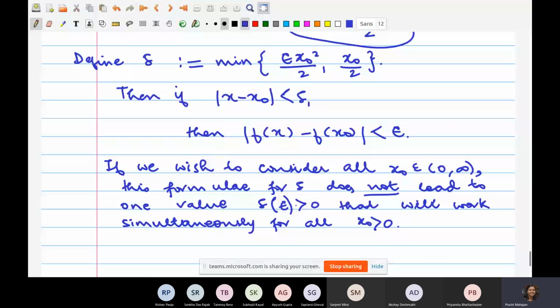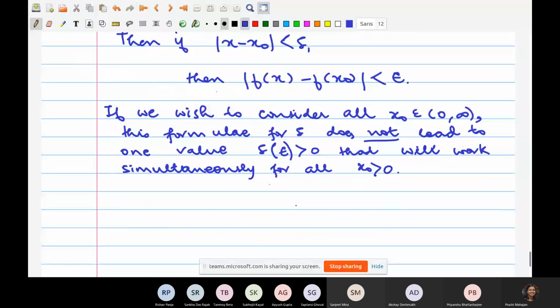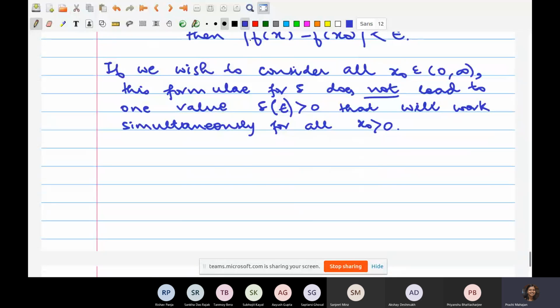Yes, ma'am. So there is not one single delta that will work, as far as the definition of continuity of f is concerned, using this formula for all the points x naught in the domain of f. Okay. So this brings us to the following definition, which is of uniform continuity. Let me write down what I want to say.